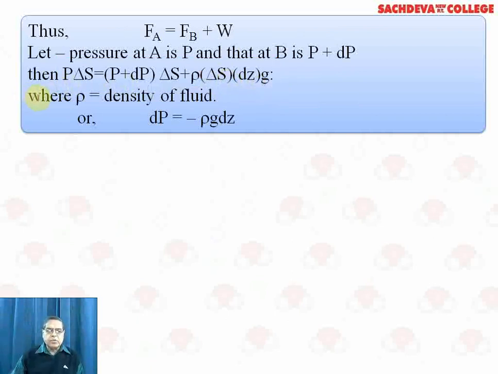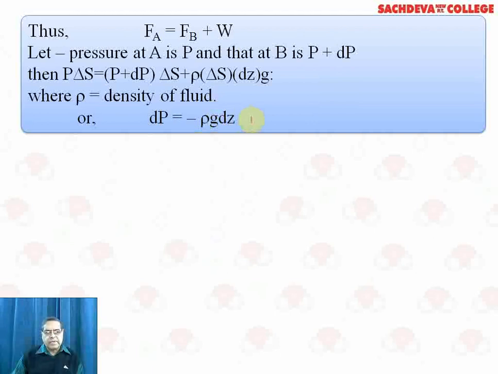Basically, the concept used in this equation is that pressure is force over area, and density is mass over volume. So rho is the density of fluid, and dP is equal to minus rho g dz.